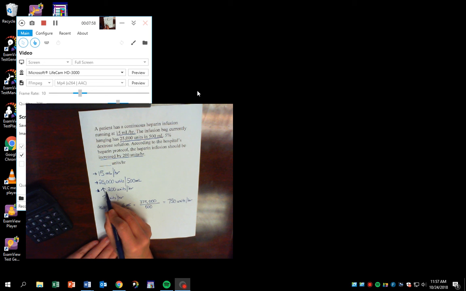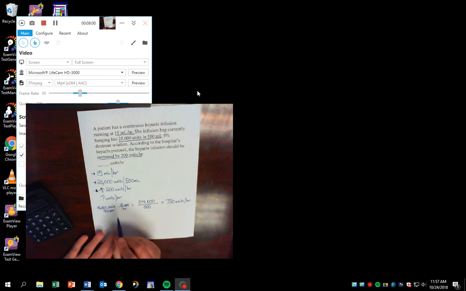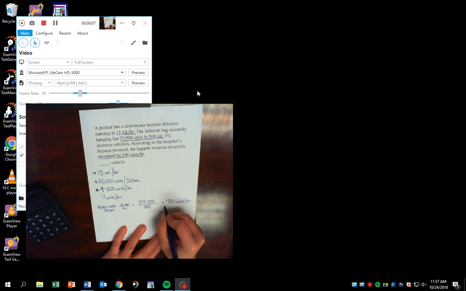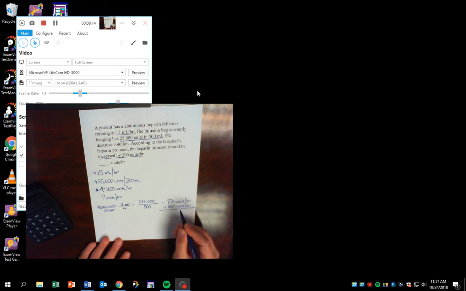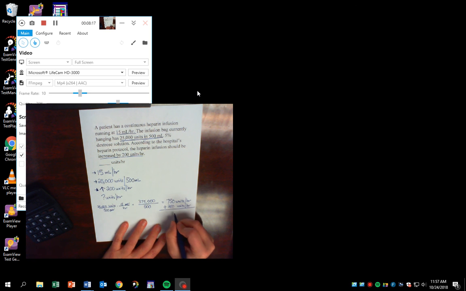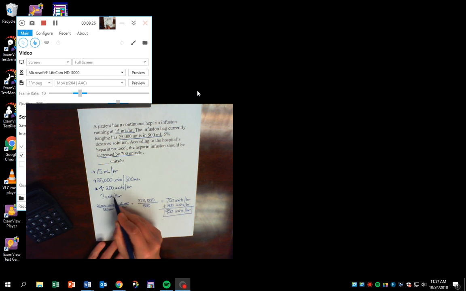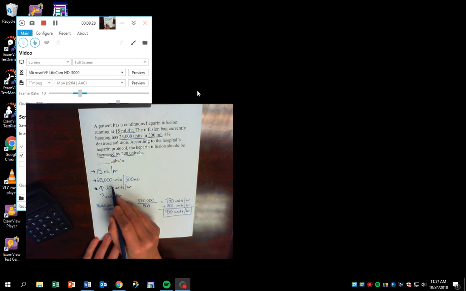And then we want to increase our heparin infusion, so we are going to add 200 units per hour. So ultimately all you have to do there is add those two. So 950 units per hour is our change that we have, adding our 200 units and had this rate of 15 milliliters per hour.